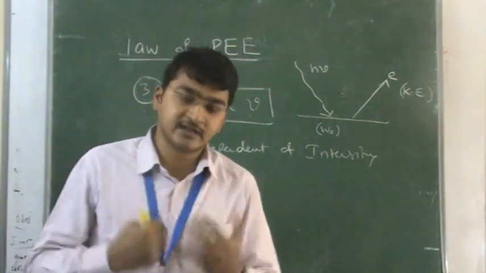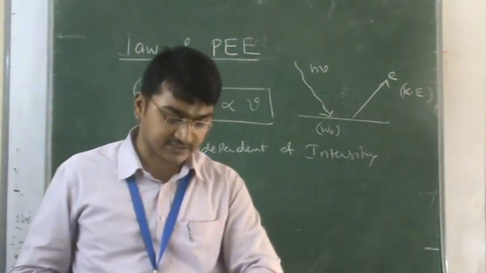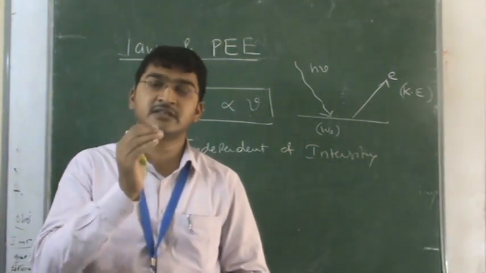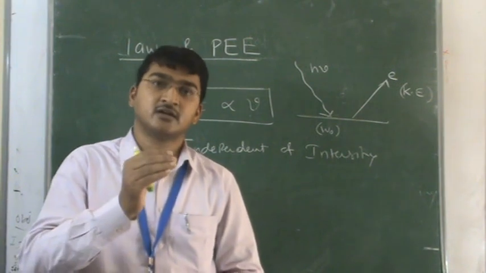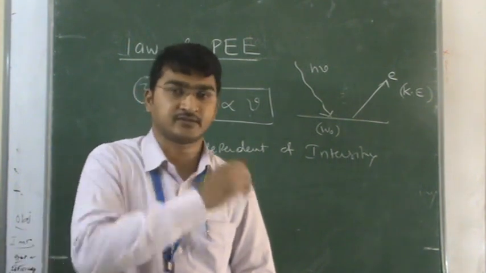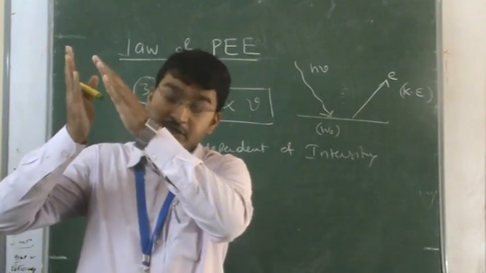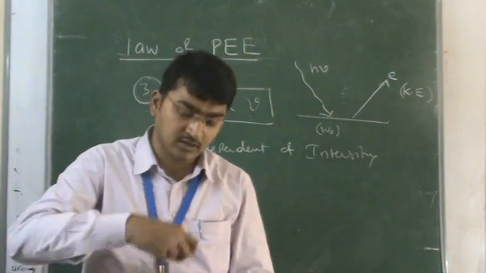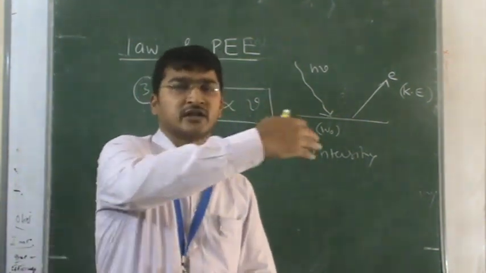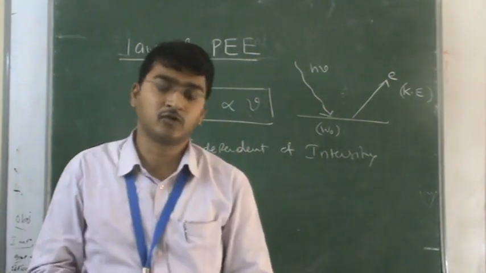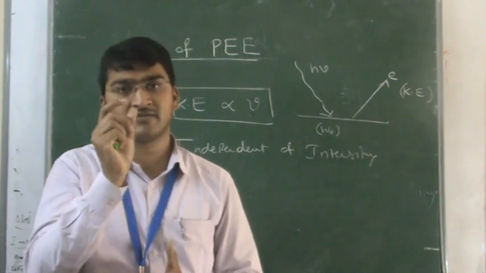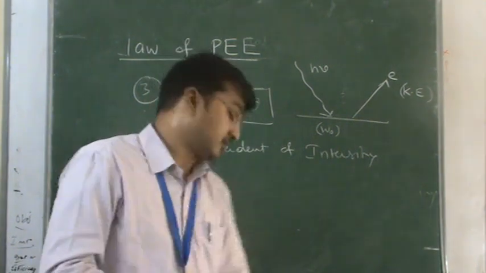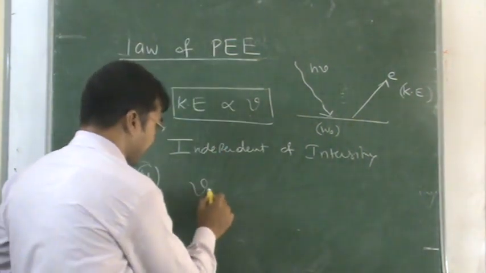As we discussed, threshold frequency is the minimum frequency of the incident light on a photoplate required to eject the electrons, to show the photoelectric effect. That minimum frequency is the threshold frequency, nu naught.